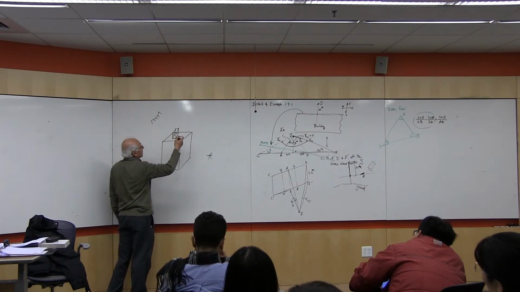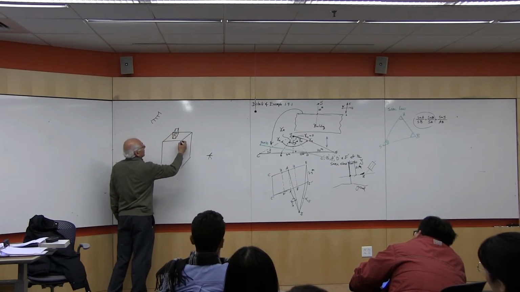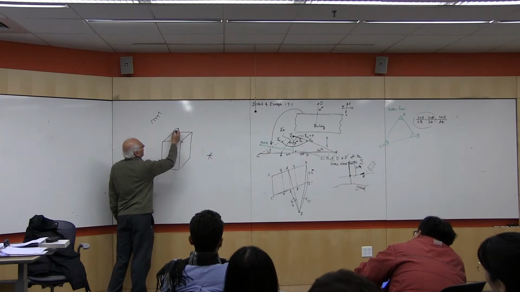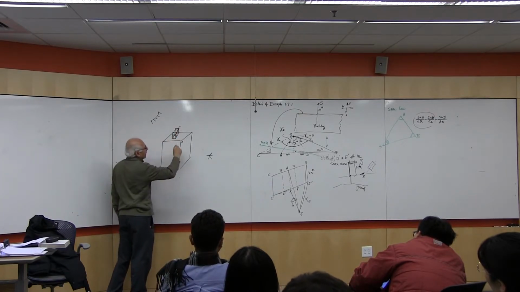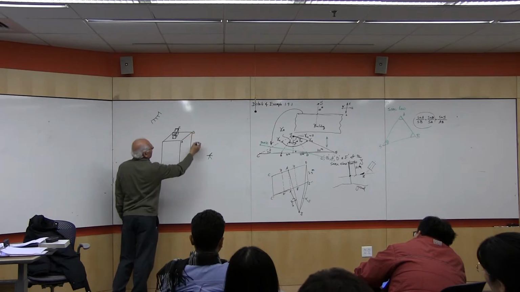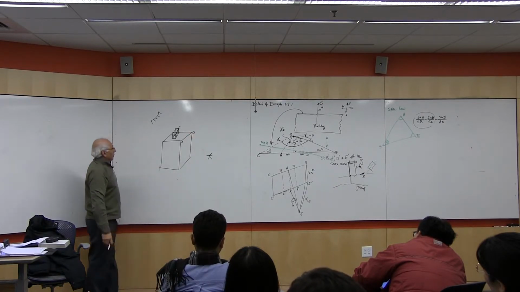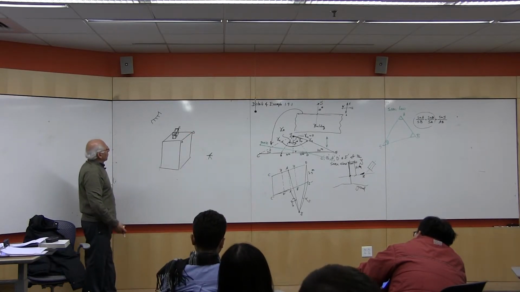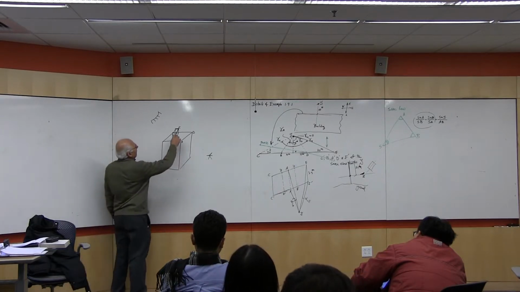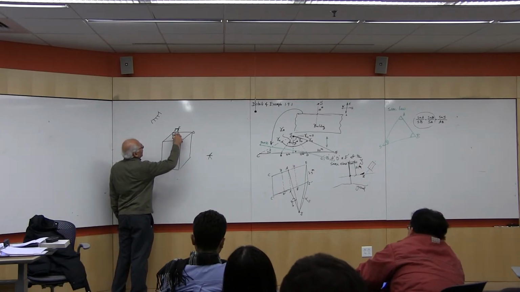So in this case, I would probably get maybe A here, B on this edge, C there, and then D there. If you're looking for 4 points, or maybe one more point somewhere over here.